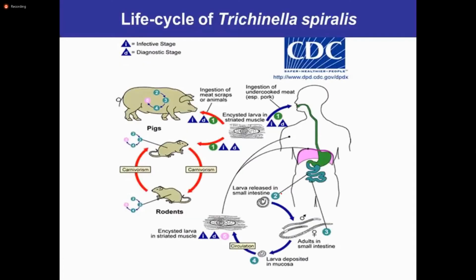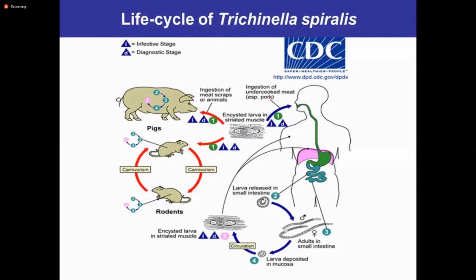So here it is a little complicated. In countries where pig is taken as food, these parasites are in the striated muscle of that pig. They are ingested, not knowing whether the animal was infected.